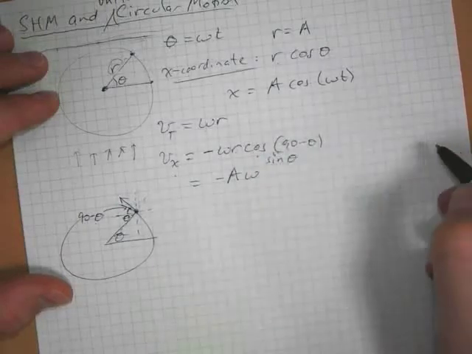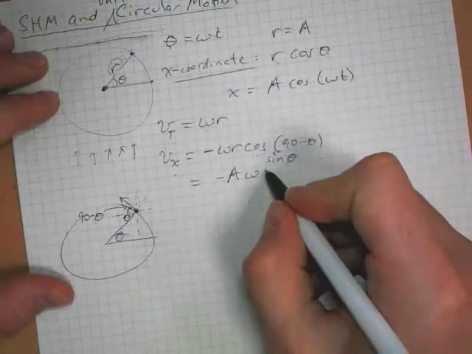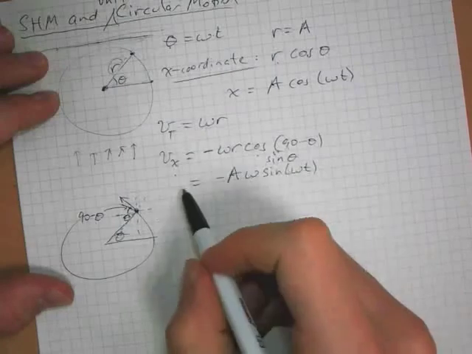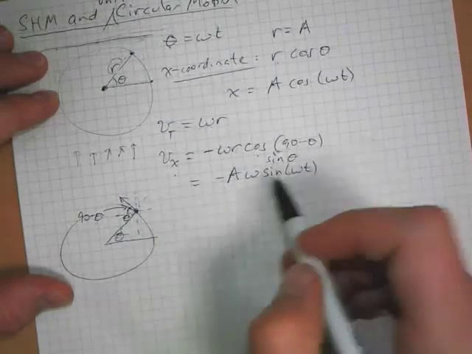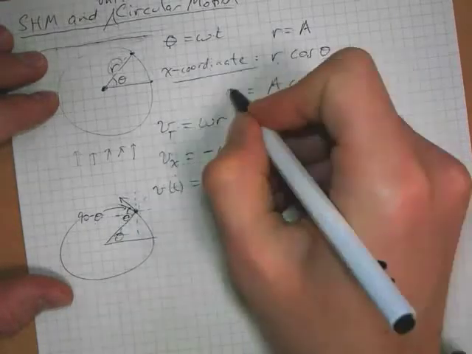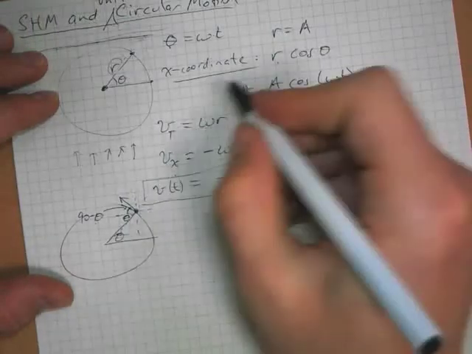That's a trigonometric identity, and as we said before, theta is omega t. So the x component of the velocity of our circular motion is minus A omega sine omega t. This is also the velocity as a function of time for our simple harmonic motion. And we can see the connection.